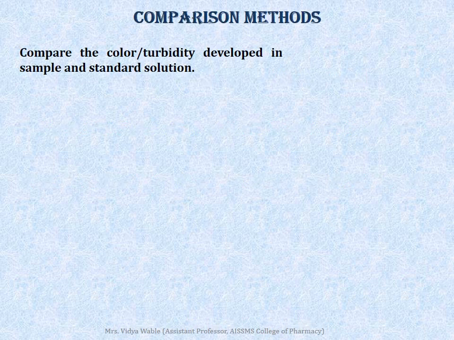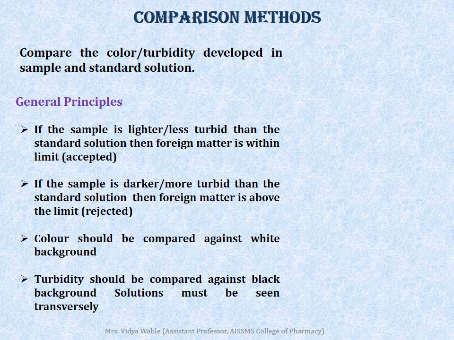Now, how to do this comparison method? In which we are going to compare the color or turbidity which is developed in sample solution and the standard solution. What is the principle behind this comparison method? If the sample is lighter or less turbid than the standard solution, then foreign matter is within the limit.